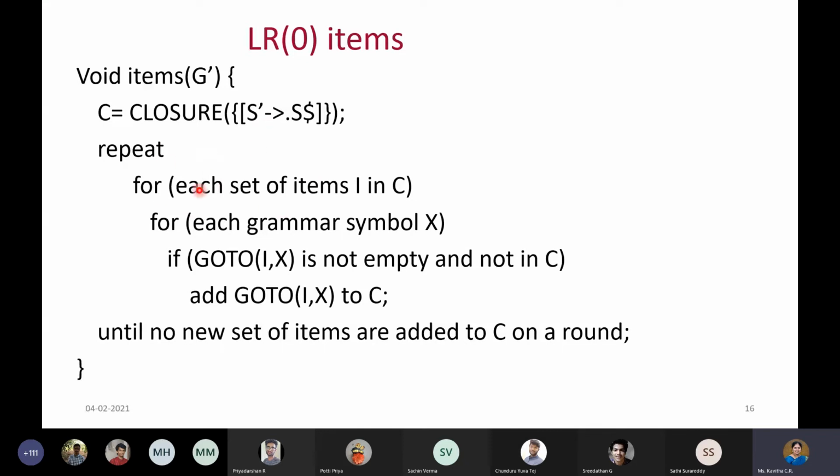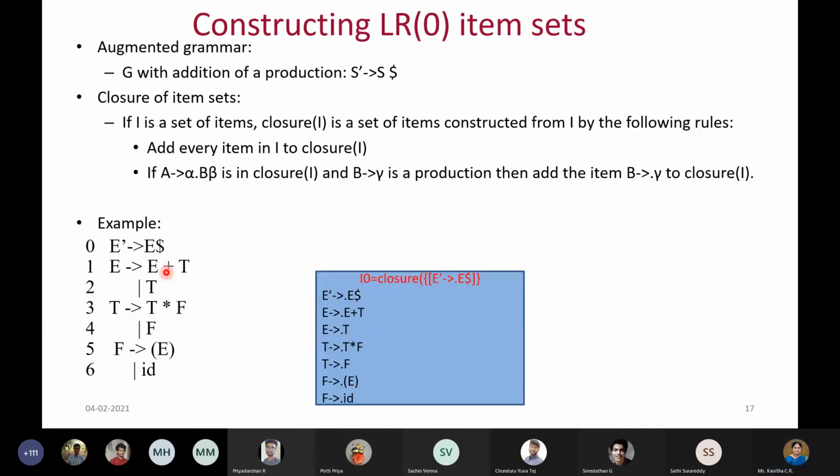Like this, you'll find all the possible states with all the possible sets of items for all the grammar rules, till there is no change in your entire set of items. Totally we call it the set of LR(0) items. So in each state we will be following that, and that is what is mentioned here.